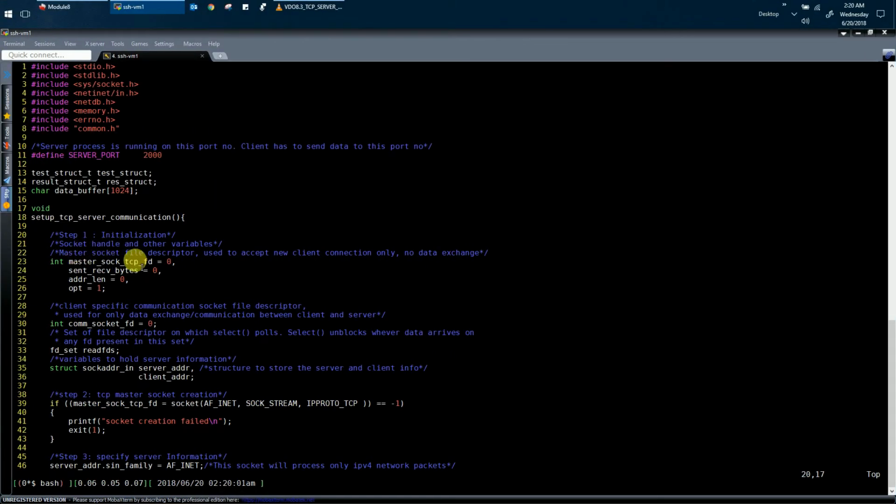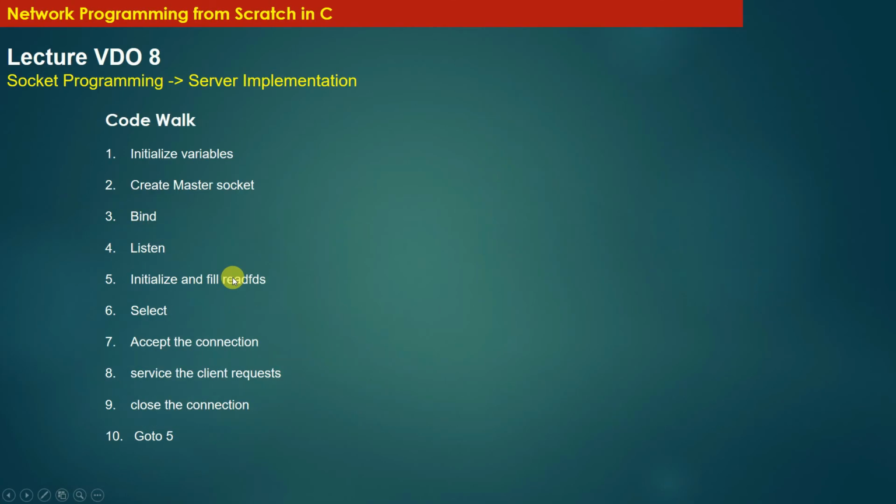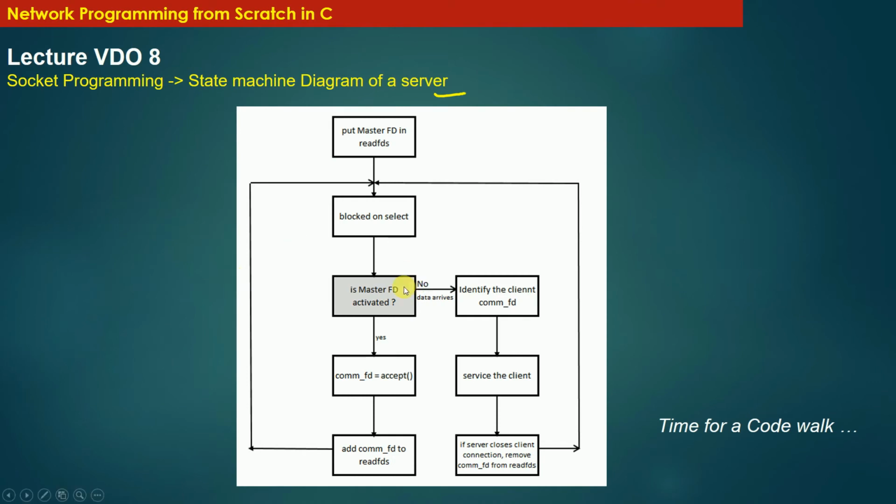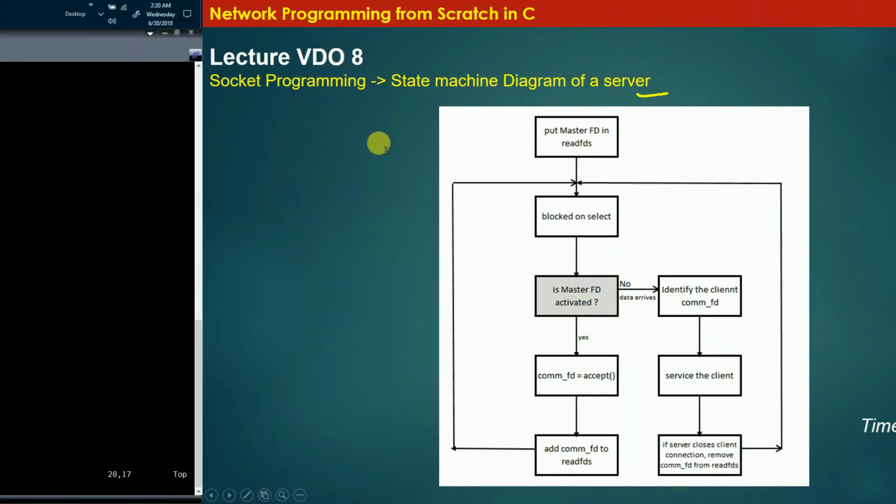In step 1 we have taken all the required variables that we will need in order to implement a TCP server, as we have already discussed that when the server boots up, it creates a master socket file descriptor and places that master socket file descriptor in a readfds set.